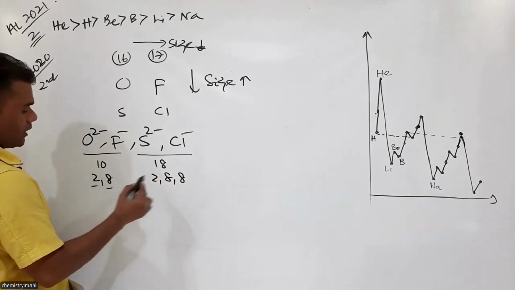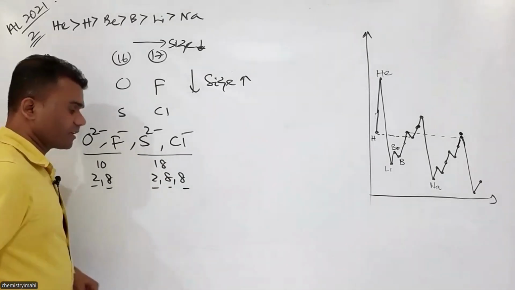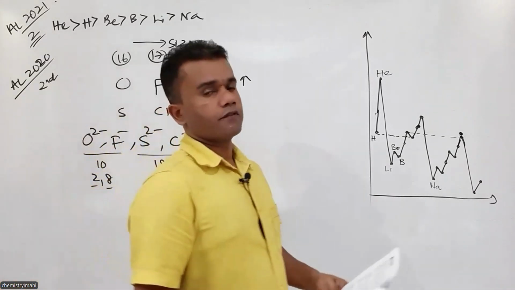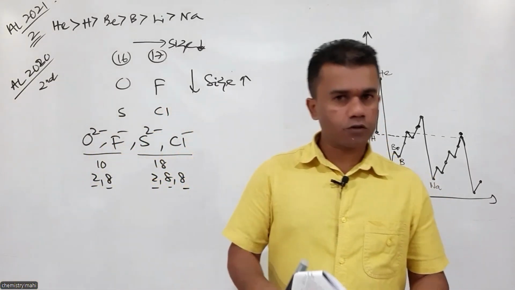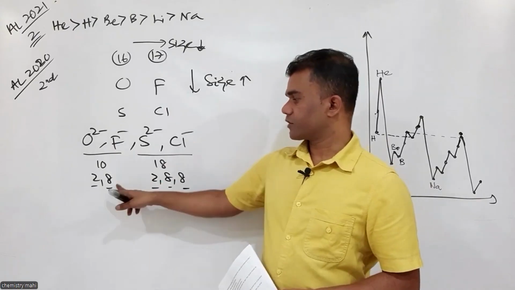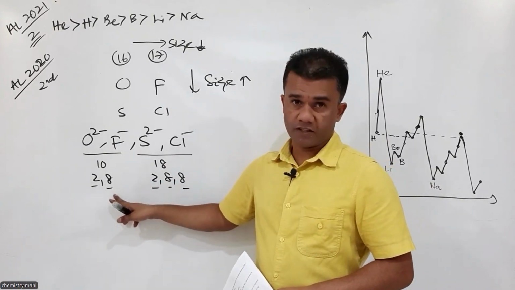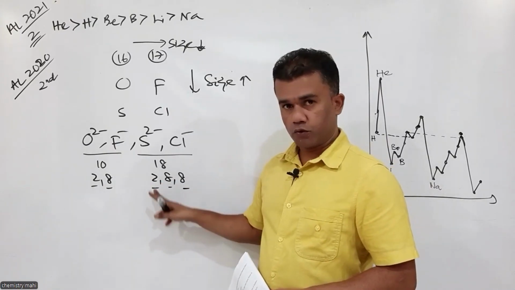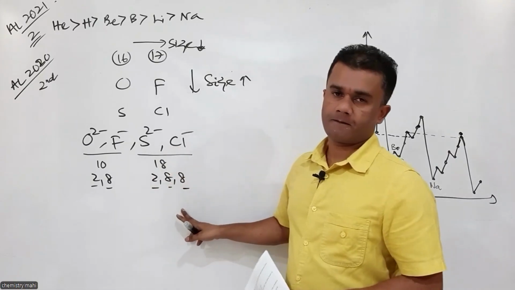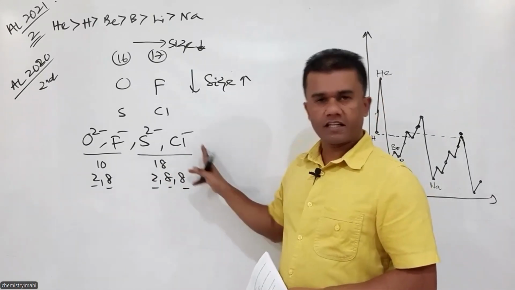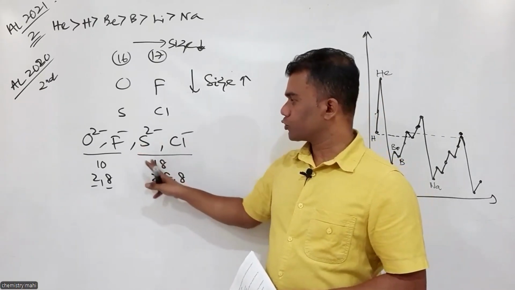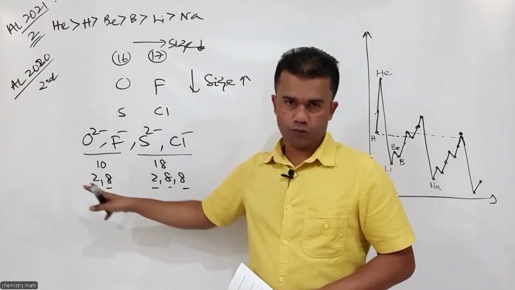So this has only 2 energy levels. This has 3 energy levels. So if you have 3 energy levels, then that should be larger than this one. This is 1s2, 2s2, 2p6. This is 1s2, 2s2, 2p6, 3s2, 3p6. Definitely, these two should be larger than these two.